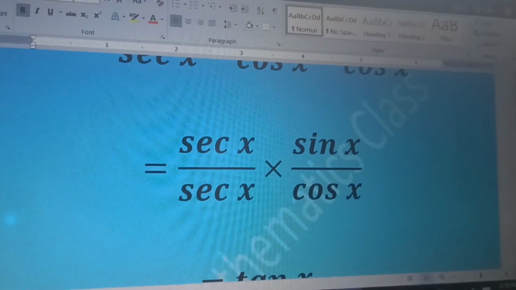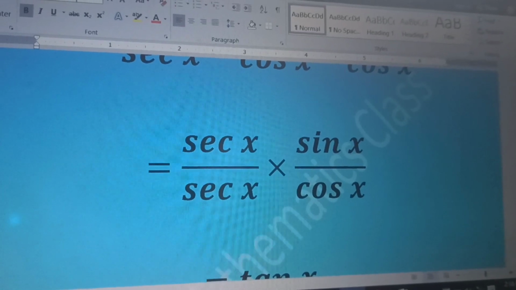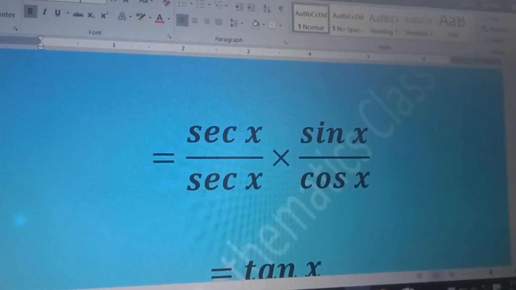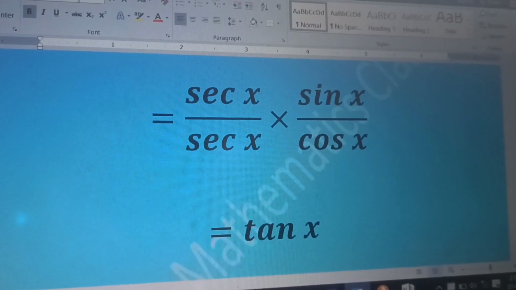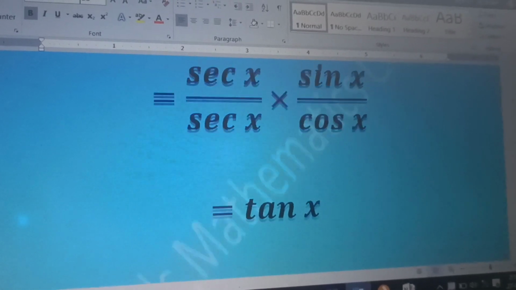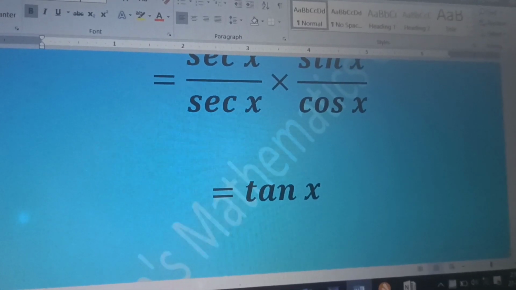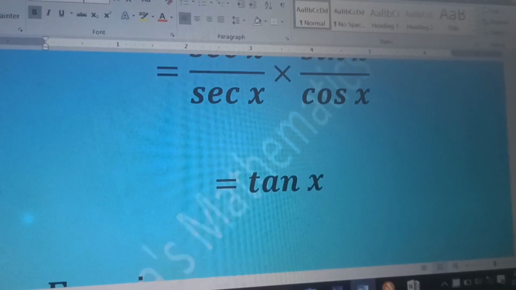You see, sec x divided by sec x is equal to 1, and sine x over cos x is equal to tan x. So our result is equal to tan x. That is the derivative of that function.